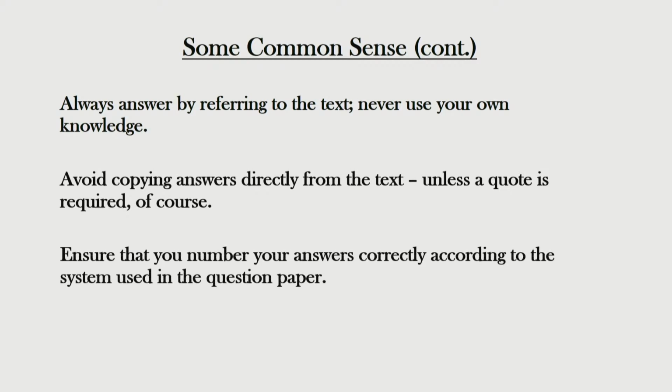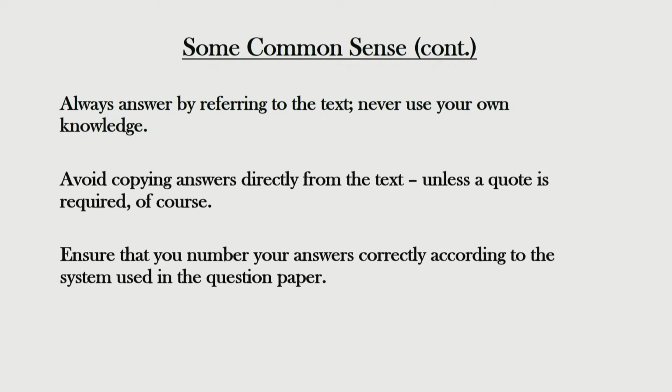Numbering. I beg of you, number answers correctly, particularly in paper 2. Oh, well, I suppose paper 1 and paper 2, I mean, they've all got complex numbering systems. But remember, if you've written down the correct answer, but alongside the wrong number, your answer is wrong because you have answered the wrong question.